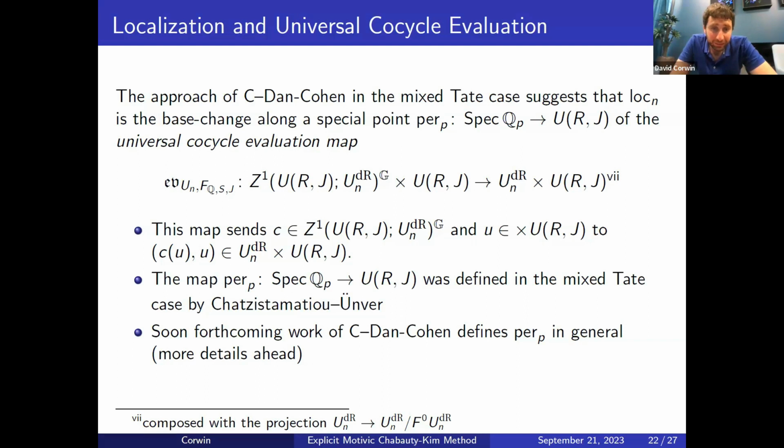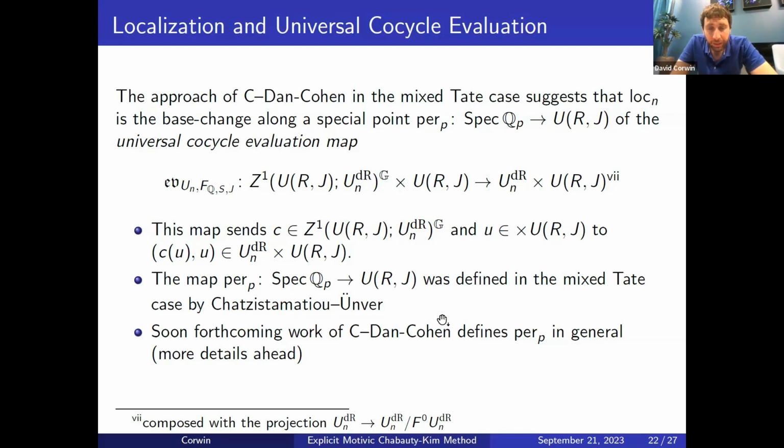And it turns out that the idea that we realized, we sort of did it in the mixed Tate case, but we expected this to hold in general, and now we're close to where we've basically proven it, is that in fact the localization map can be defined by taking this universal cocycle evaluation map, pulling back along a map from Spec Q_p to U_R^J, and then, just as I mentioned in the footnote, composing with the projection from U^N to U^N mod F^0.